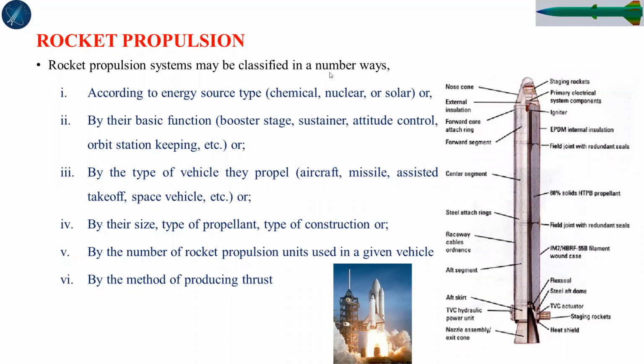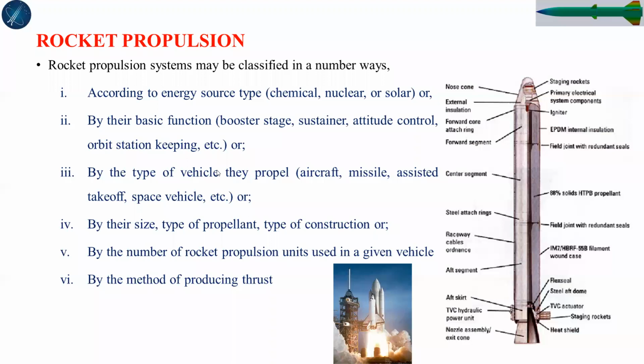Okay, so another classification is by their basic function. Some of the rockets are used as a booster stage. That means in most rocket propulsion, we use booster rockets for the initial startup, to bring the rocket to an appropriate altitude.